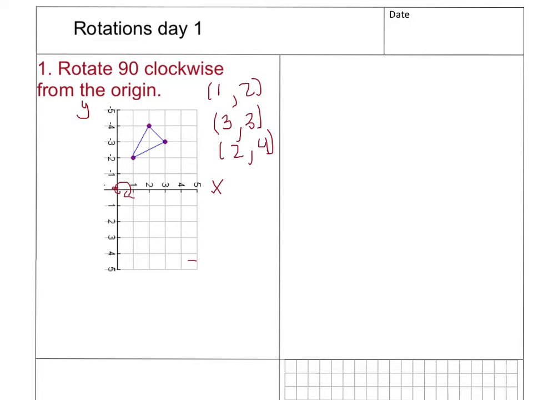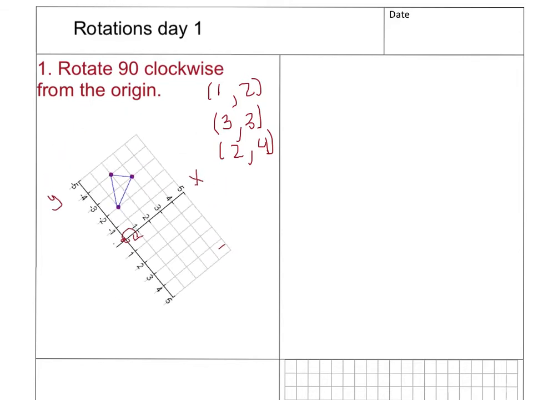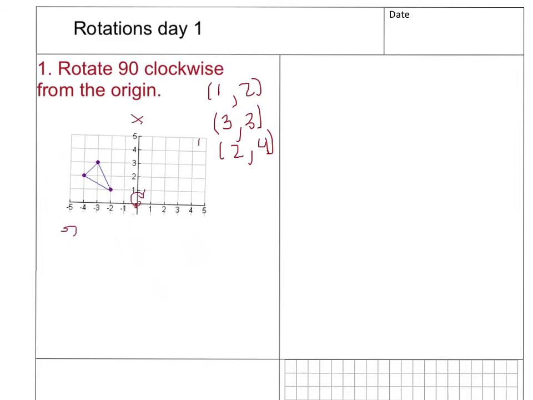Now that you've written those points down on the side, take your image and bring it back to the original position. Now, of course, this is your y-axis and this is your x-axis. Go through these points and graph them: (1, 2), (3, 3), and (2, 4).